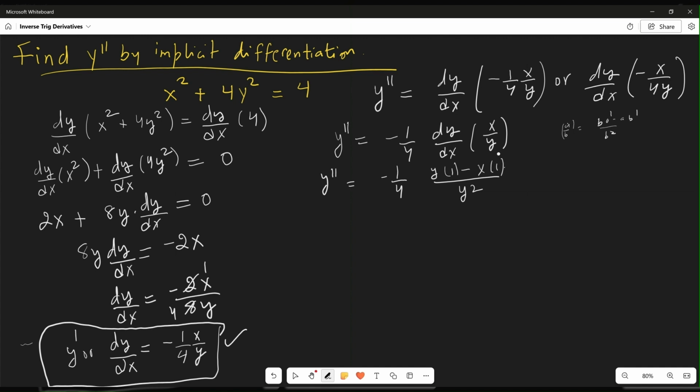But y is a function of x, so dy over dx. This is equal to negative 1 over 4 times y minus x dy over dx, divided by y squared.